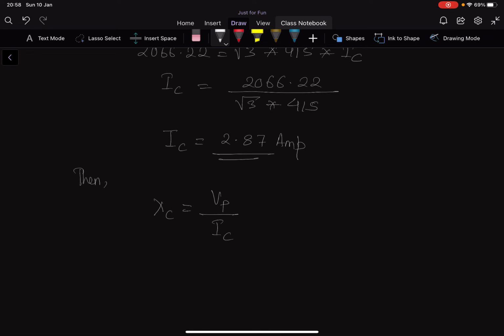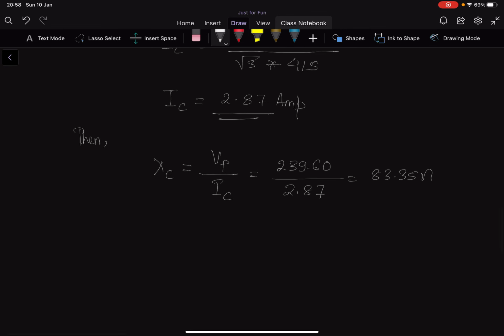With VP of 239.60 divided by 2.87, we got the value of XC as 83.35 ohms. Still we haven't got our capacitor value. We got the reactance value, not the capacitance.